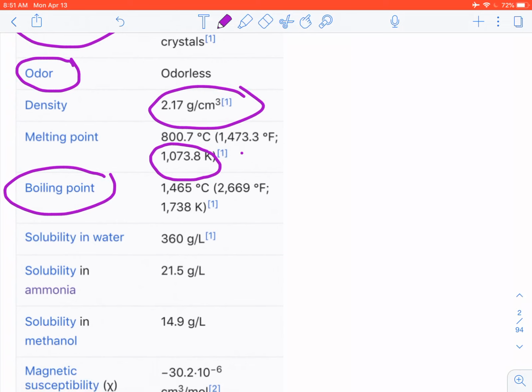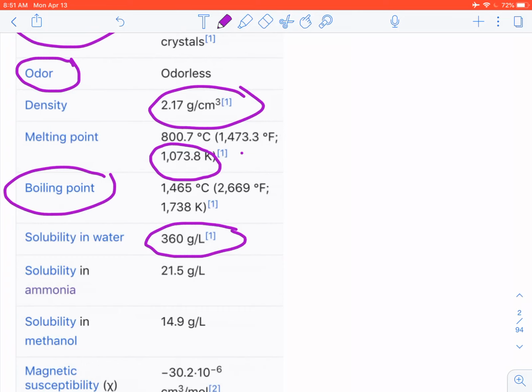Look at the solubility. The solubility is 360 grams per liter. Right? So if salt is dissolved in water, 360 grams per liter of that solute get dissolved. 360 grams of the NaCl gets dissolved in a liter of water.